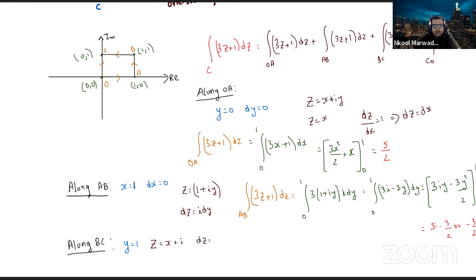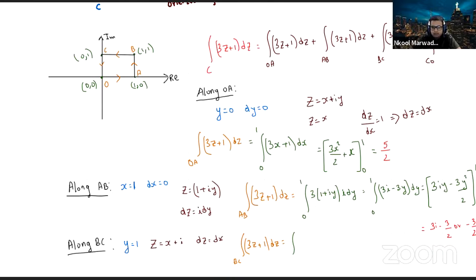Now we can find the integration along the contour BC, 3z plus 1 dz. It will be integration, and x is varying from 1 to 0.